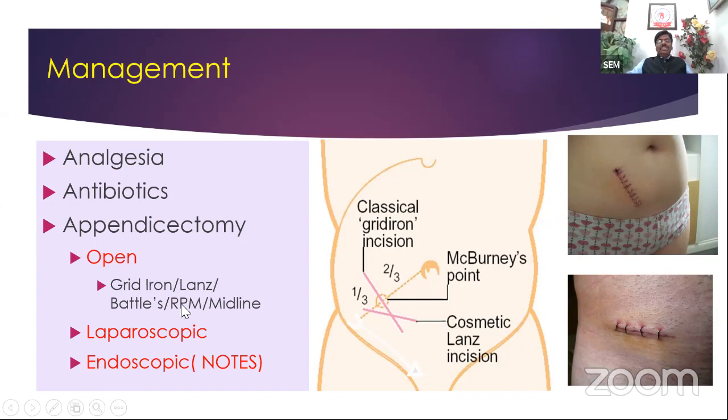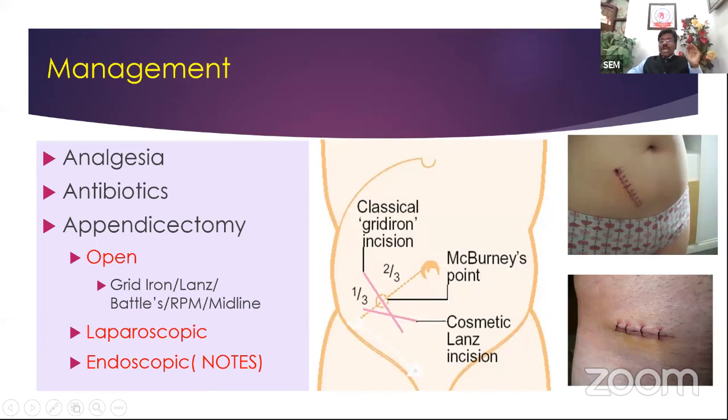Again, there are other incisions we use: Battle's incision, right paramedian incision, lower midline incision. In other words, 5 different surgeons use 5 different incisions. Laparoscopically, we commonly do appendicectomy nowadays. Rarely, we do a procedure called NOTES appendicectomy.